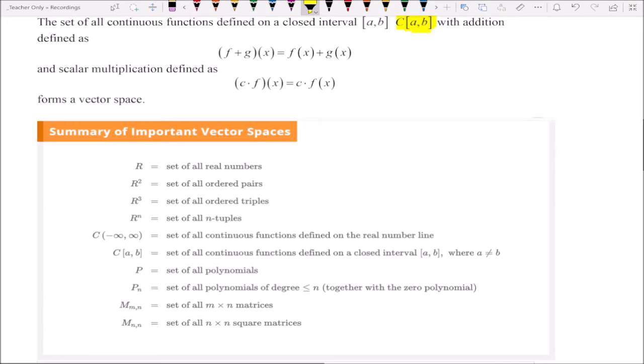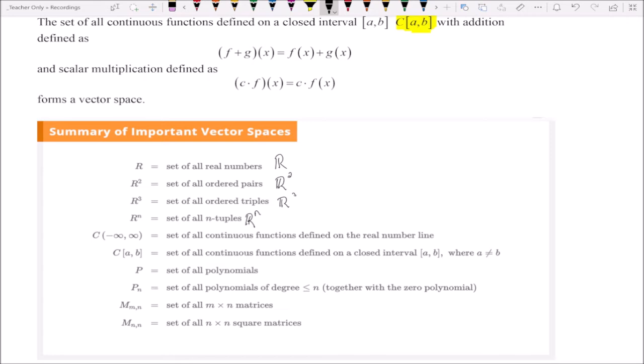Right, so here we have a chart of some of the important vector spaces. We have the set of all real numbers, the set of all ordered pairs, the set of all ordered triples, and the set of all ordered n-tuples, right?